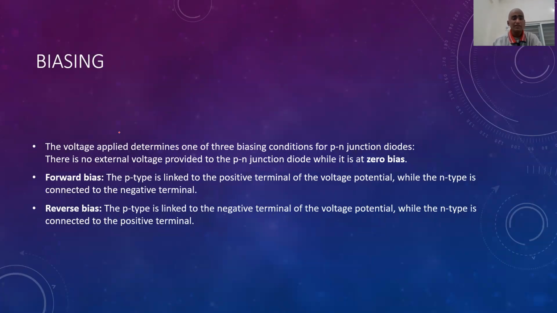The voltage applied determines one of the three biasing conditions for a PN junction diode. When there is no external voltage provided to the PN junction diode, it is called zero bias.